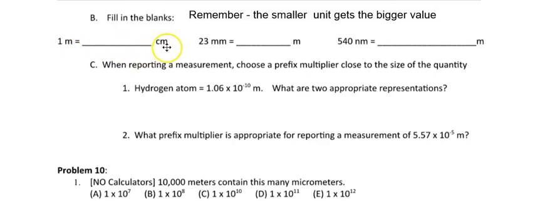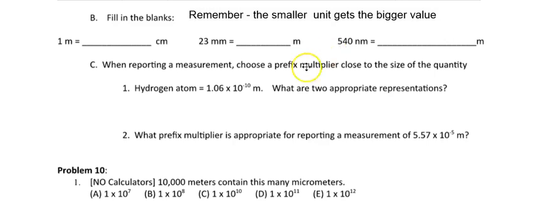It ends up being 100 centimeters. Over here, millimeter is my smaller unit, so this is my bigger number, and I get 0.023 meters. And over here, nanometer is the smaller unit, so 540 is the bigger number, and we end up with 540 times 10 to the negative ninth, or 5.40 times 10 to the negative seventh meters.